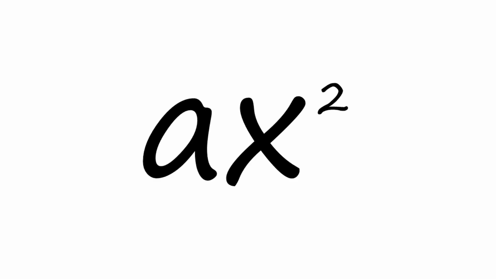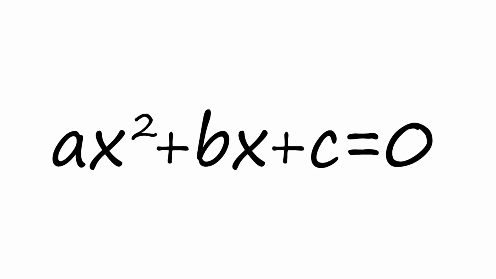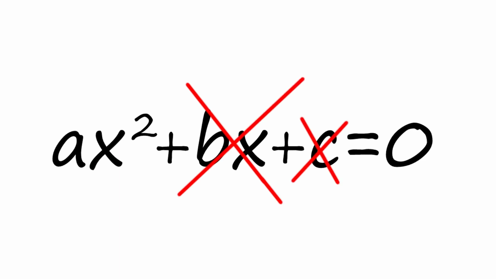Now, what makes a quadratic equation different from a linear equation? The one thing that makes them different from each other is the ax squared in the quadratic equation. Linear equations don't have that x squared part. In quadratic equations, you can take away the bx and the c, and it'll still be a quadratic equation.